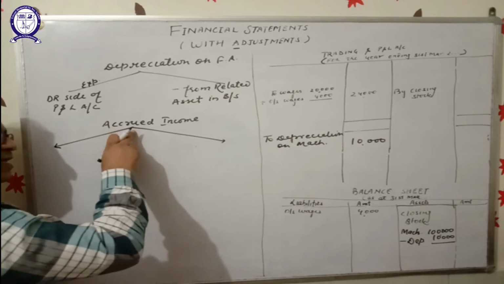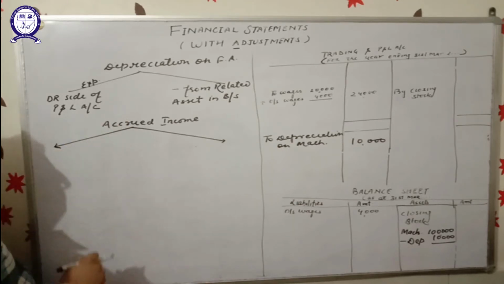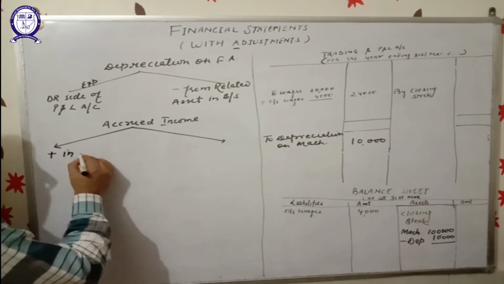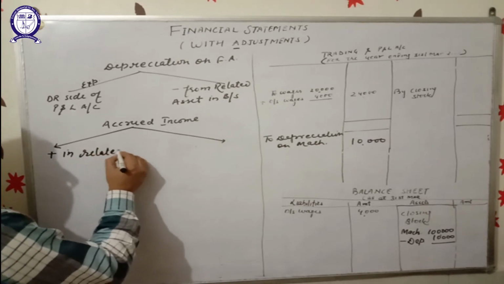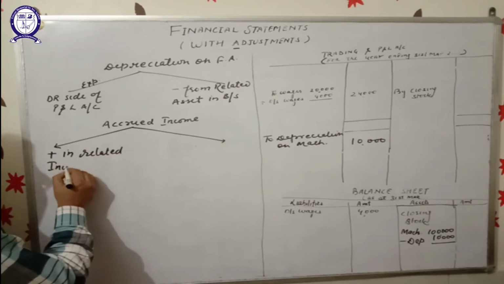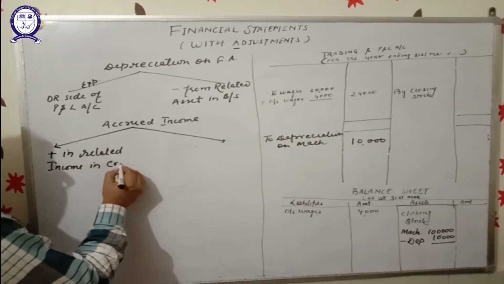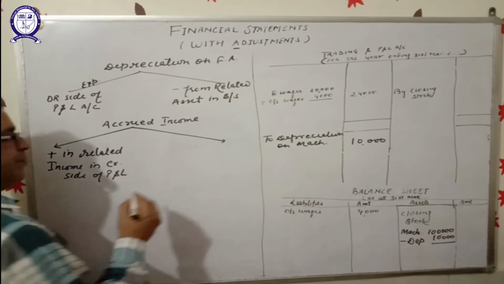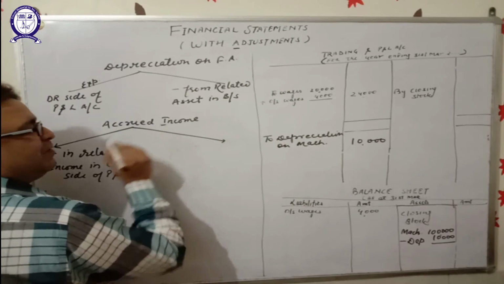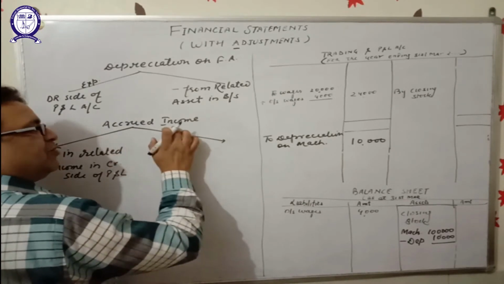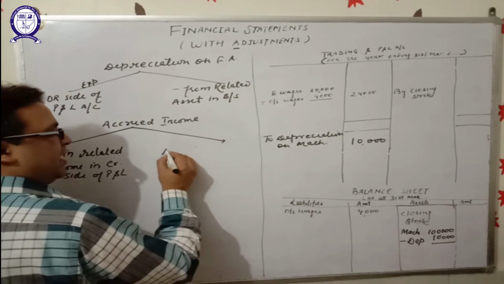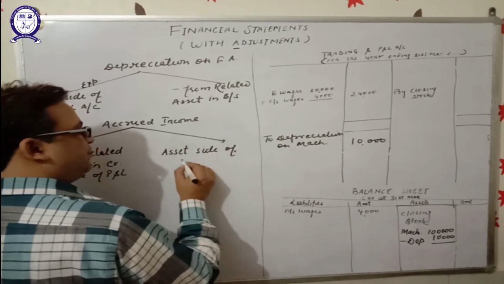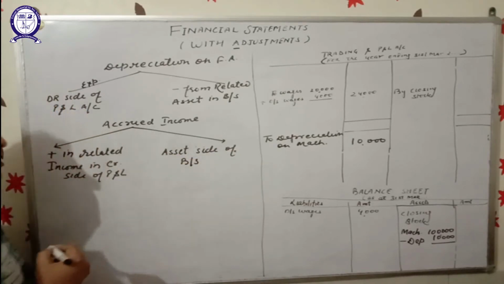So because it is related to current year, that's why we have to record it, plus in related income in credit side of P&L account. On the other hand, it is an asset for the business because we have to receive cash. So second time it will be recorded in asset side of balance sheet.